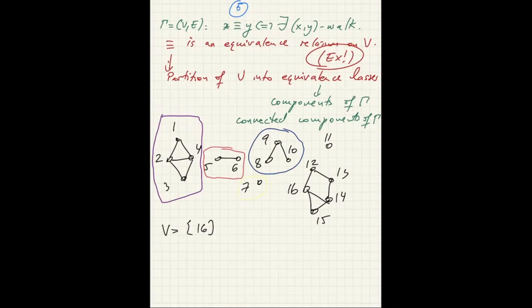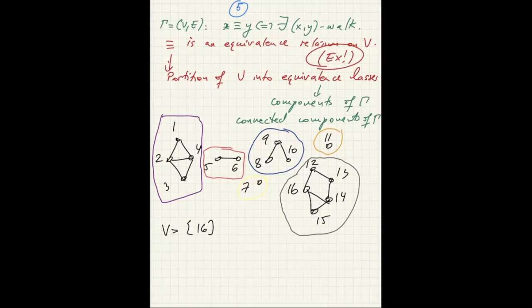And then 11 is by itself. And then this one, 12, 13, 14, 15, 16, that's another component. So here you have 6 components, okay?